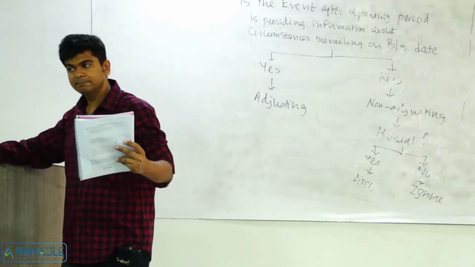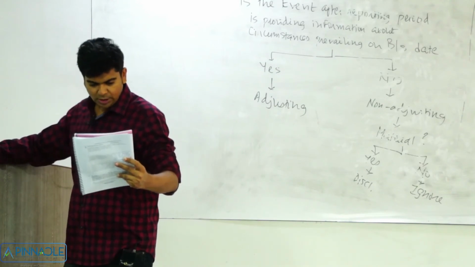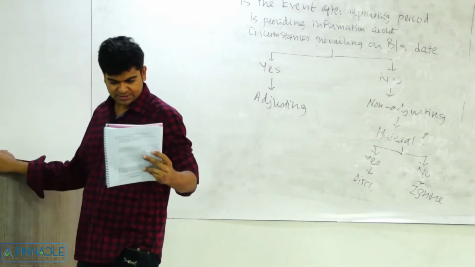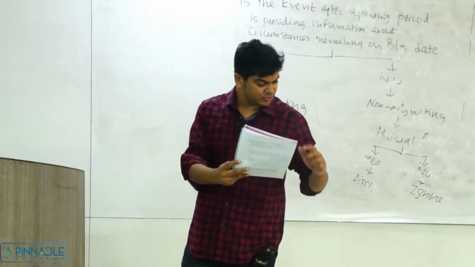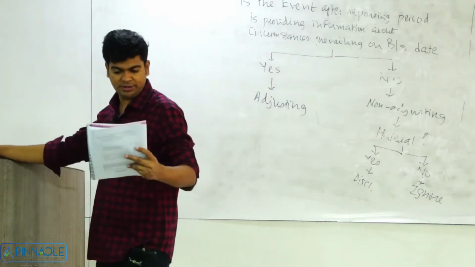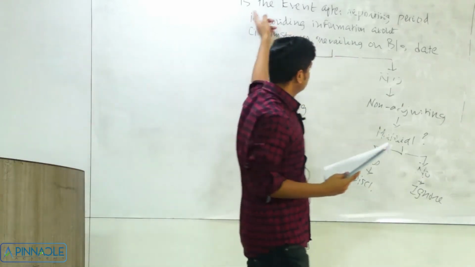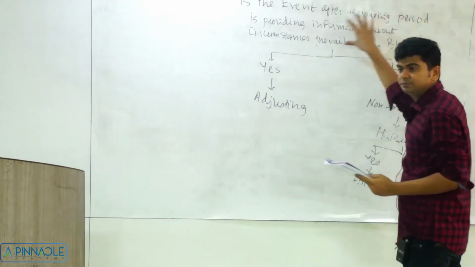What do you say? Your year has ended on 31st March 18, and the event has happened during May 2018. What's the event that has happened? There has been unexpected heavy rain, and because of which the cost of your project has increased. Which is the event which has happened?